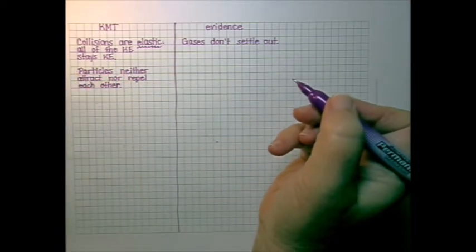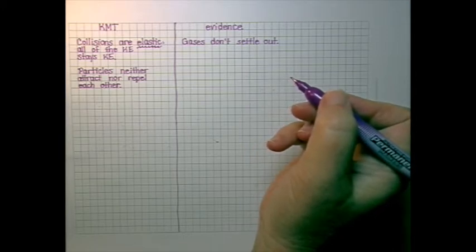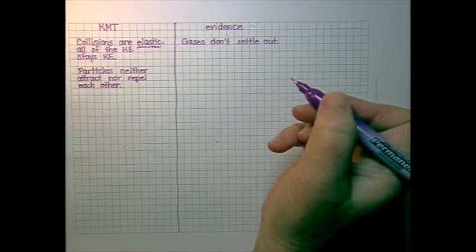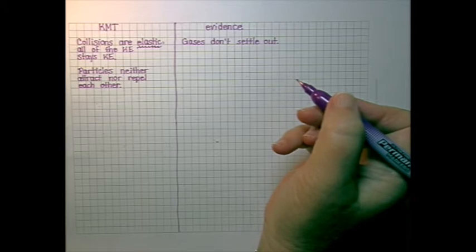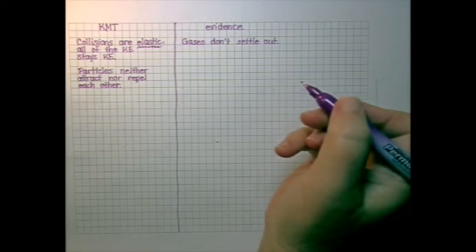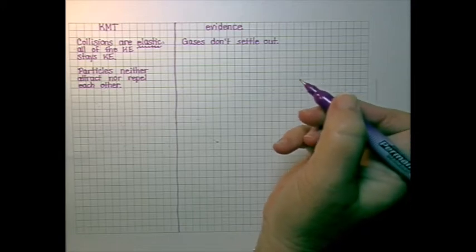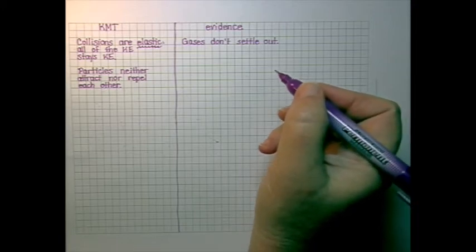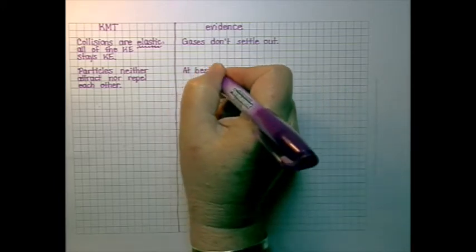In reality, we know that all particles do attract each other, at least weakly, because all particles are going to be experiencing van der Waals forces, either dipole-dipole attractions or hydrogen bonds or London forces. All of these are attractions between independent atoms or independent molecules, and there is no escaping them. So this is at best an approximation.